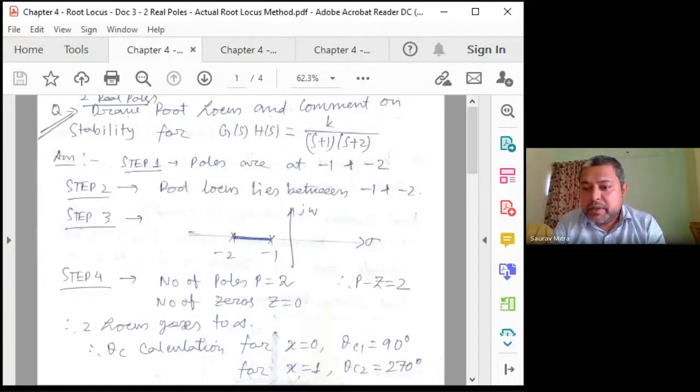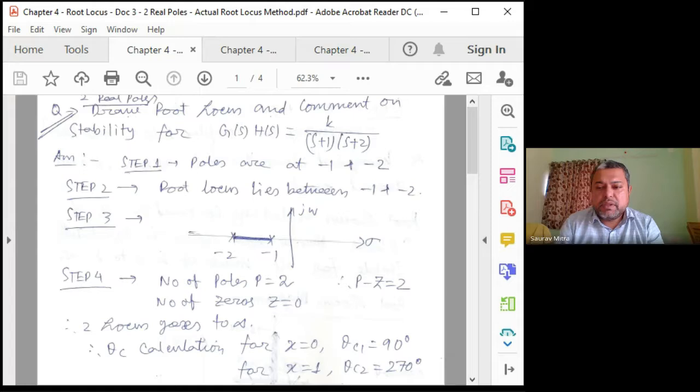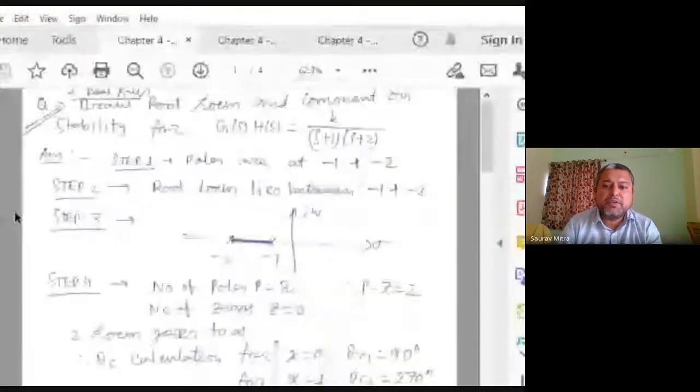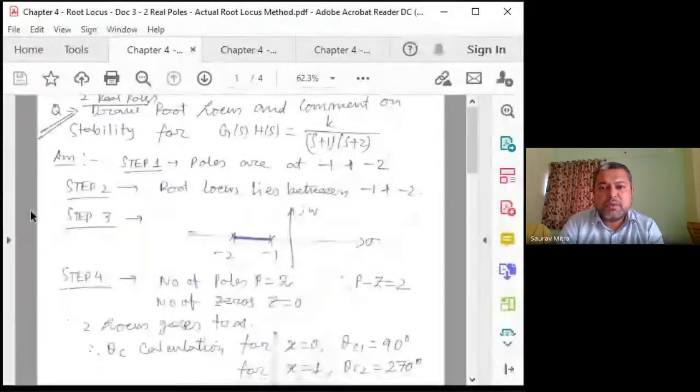Good morning, everybody. So we are starting with officially the second lecture in root locus. Yesterday, I had shown you root locus for a system which had two poles in the denominator. One pole was at the origin, another pole was at -4.